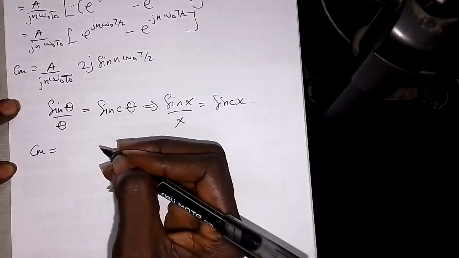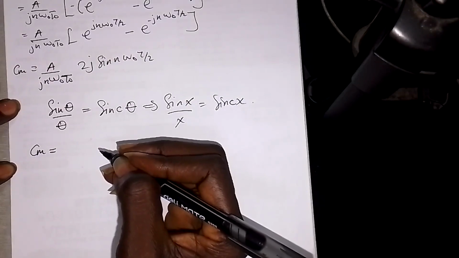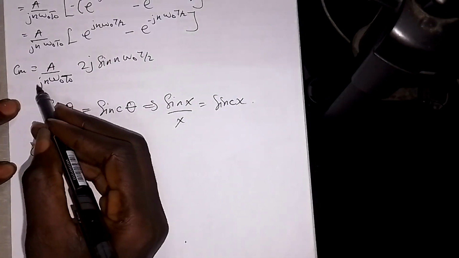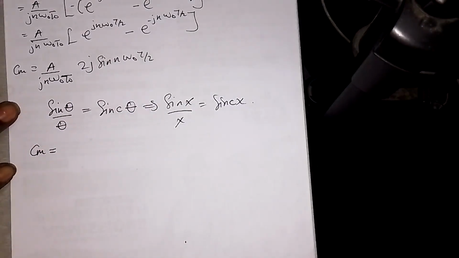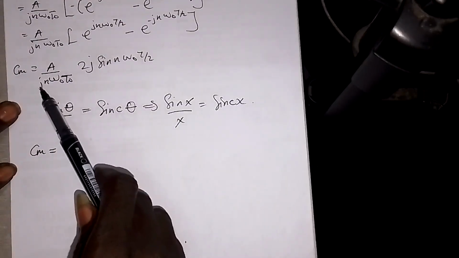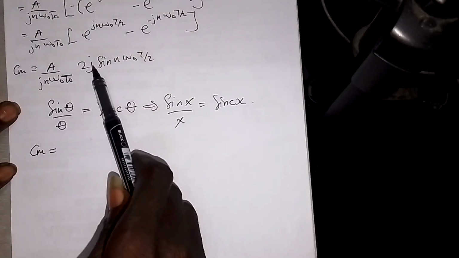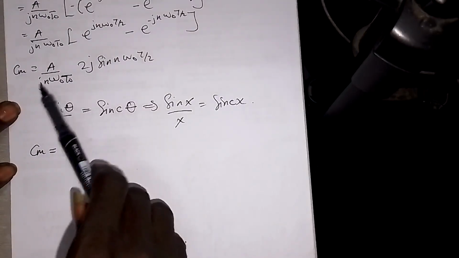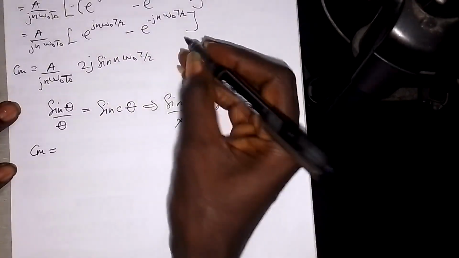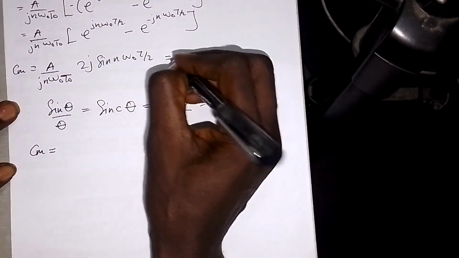Here, J will cancel J. I hope you can see, this J will cancel this J, so the J will be eliminated.